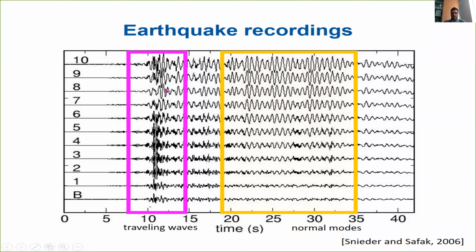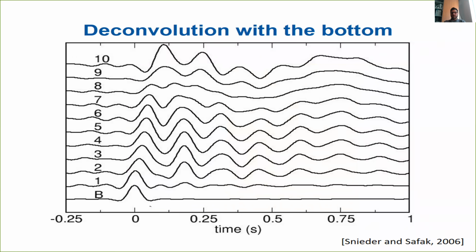So this was already quite clear in the earthquake recordings. In this case, you see the first part where you have propagation, and the second part where you have the oscillation of the structure, but of course it can become more clear after the deconvolution, because we clean, let's say, our recordings of the effect of the source, that is not a flat spectrum, so it can give emphasis to some particular frequencies due to how strong the source is, and we keep only the information on the propagation terms.